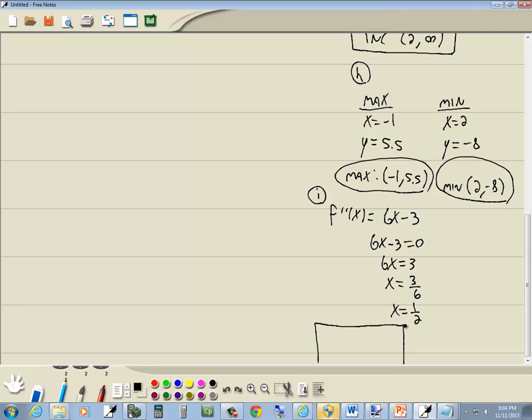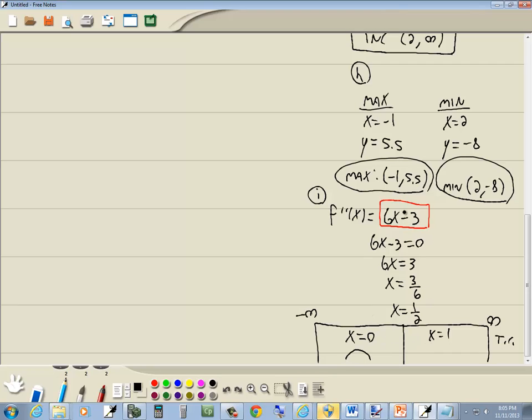We'll build a table of intervals. Over here is negative infinity. Over here is positive infinity. We want to choose test cases. Something between negative infinity and 1/2, like 0. Something greater than 1/2, like 1. We want to plug them into our second derivative, which is right here, 6x minus 3. If I put 0 in there, 6 times 0 is 0, minus 3 is negative, which means this is concave down.